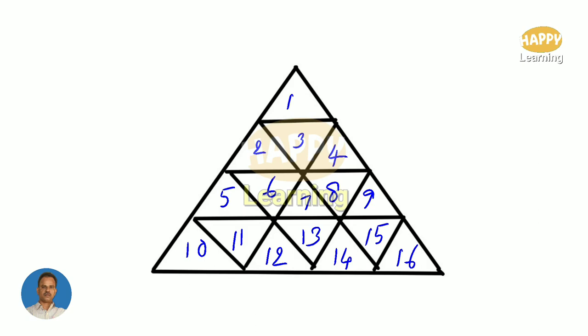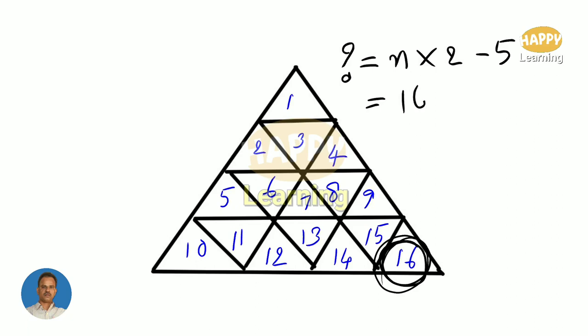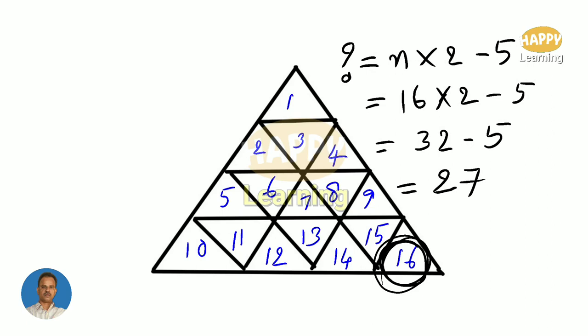So in a simple way, let us calculate: the total number of triangles in this diagram is equal to n into 2 minus 5 formula, where n is this number 16. So 16 into 2 minus 5, so 32 minus 5, that is equal to 27. So in this diagram there are a total of 27 triangles. Okay, right.